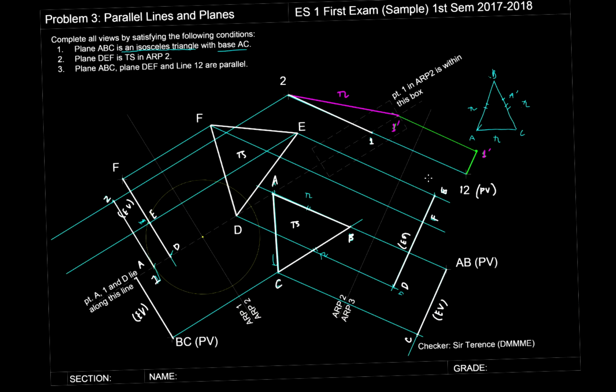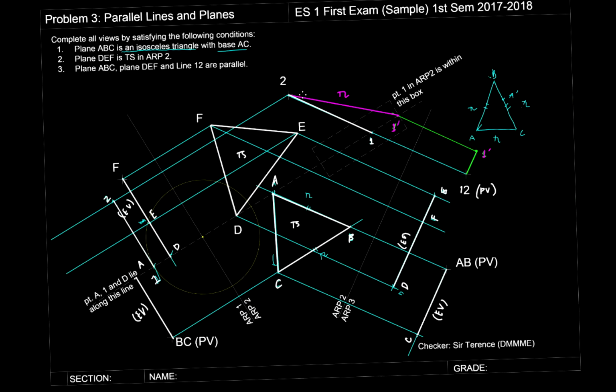So, notice na the way we check parallelism for lines is, if one line contained in a plane is parallel to an external line, then that external line is parallel to that plane. Okay, so I'm talking about true parallelism. No? So again, if one line that is contained in a plane is truly parallel to an external line, then that external line is truly parallel to the plane.